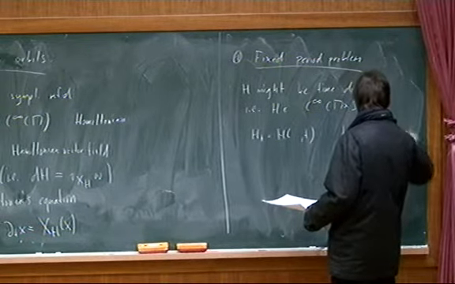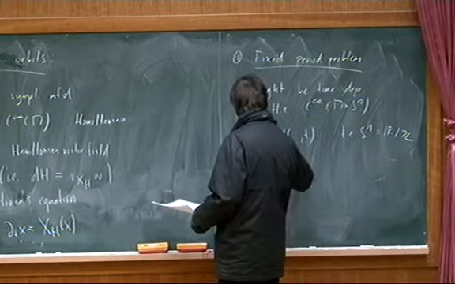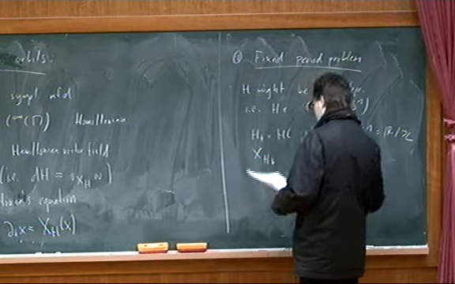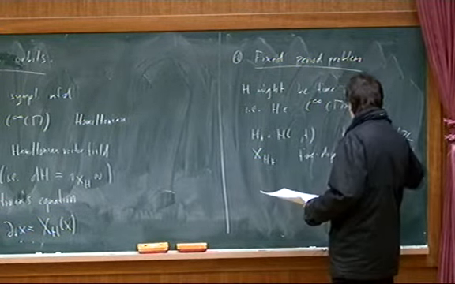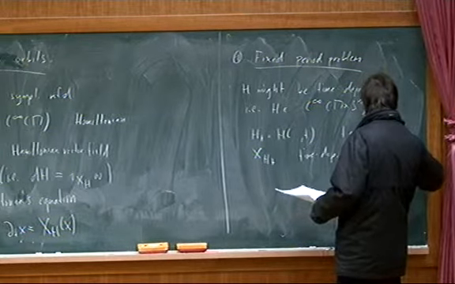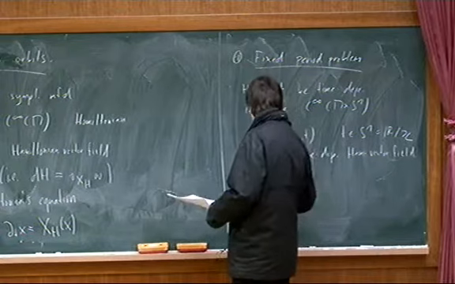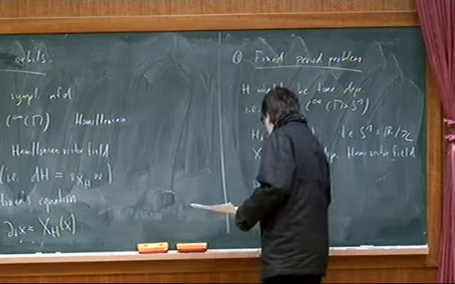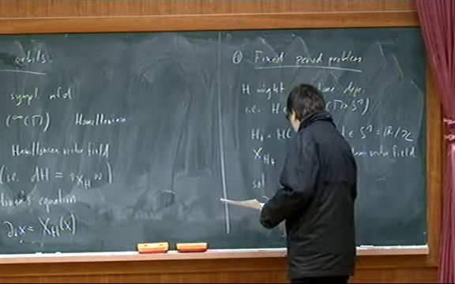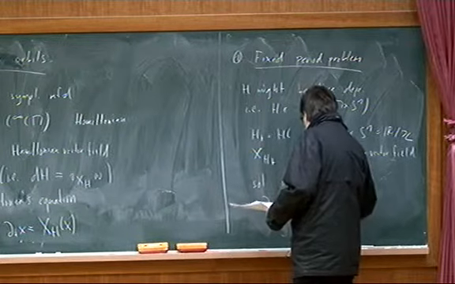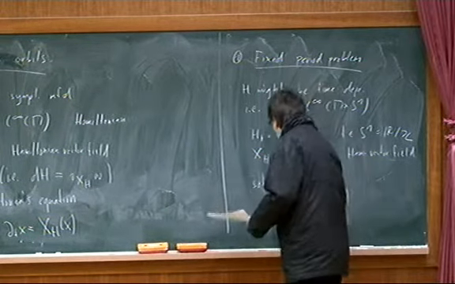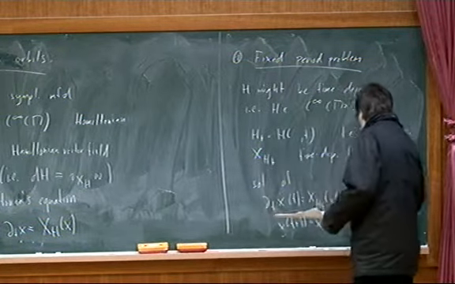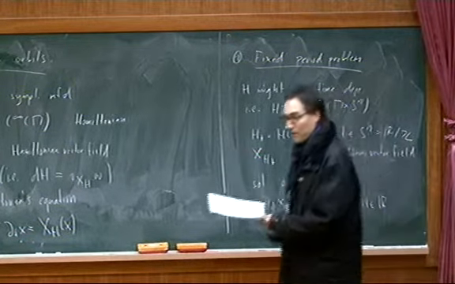Then we have a time dependent Hamiltonian vector field, and we are interested in solutions of d_t x(t) equals X_{H_t}(x(t)), and x(t+1) equals x(t). So these are one-periodic solutions.